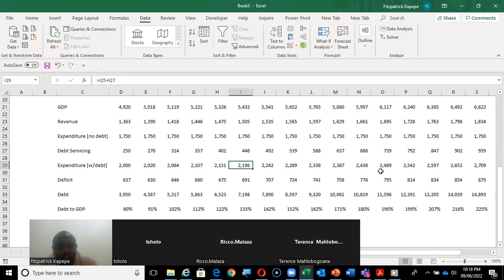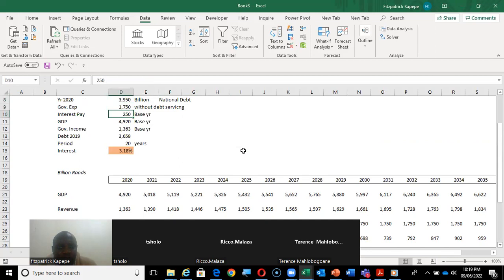Then you have 2199, 2196. So it also depends on the decimals, I think, on debt servicing and the like. Because here I'm getting 2196 on debt servicing, and I think he's getting 449, 446. It's only the debt repayment. So basically there could be decimals in terms of the differences in the formulas.